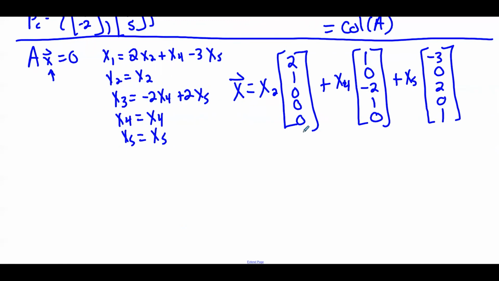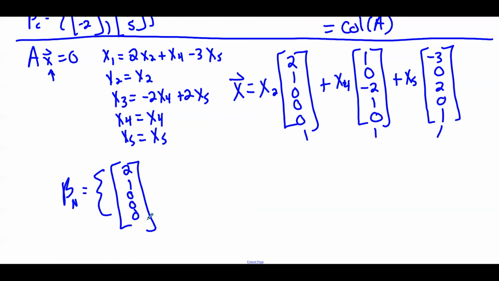It turns out that when you solve this system this way, these vectors are automatically linearly independent. So if they're independent and they span the null space, then they make a basis. So the basis for our null space is just the set that contains these three vectors.